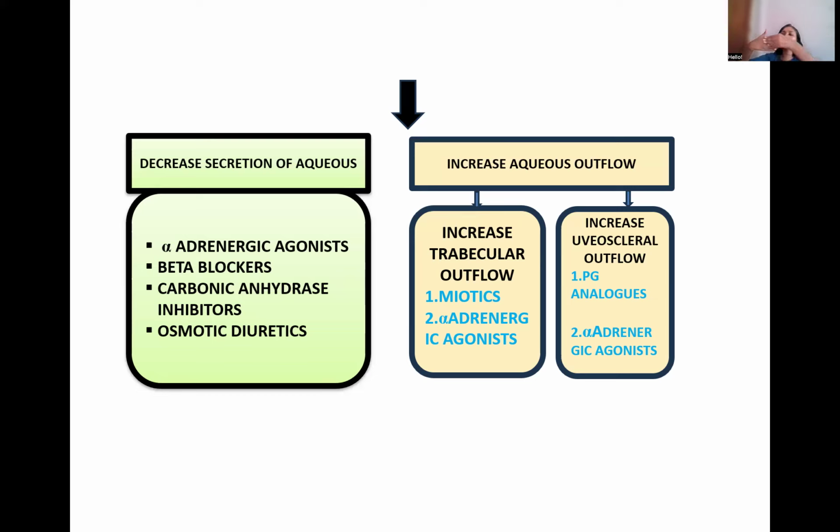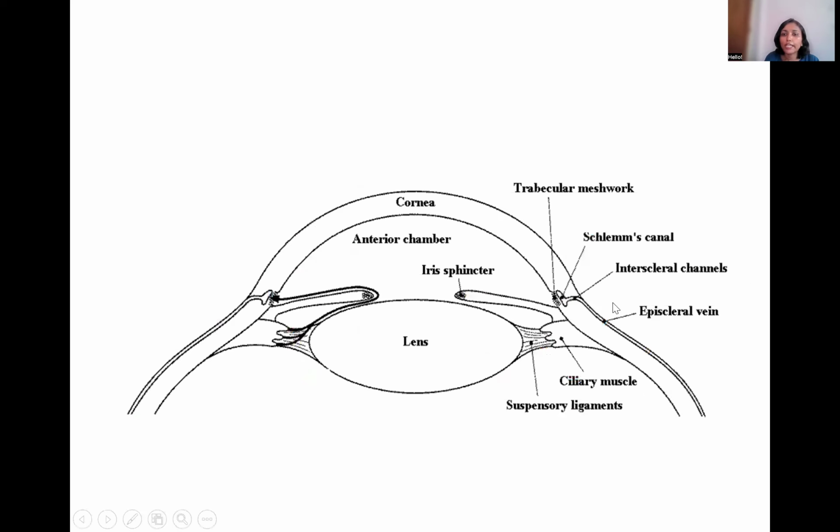Because the iris is away and it is trying to block this angle. If the iris moves away and this angle is blocked, then the flow of aqueous does not take place. Since the major pathway is the trabecular meshwork, the flow of aqueous humor will not take place.